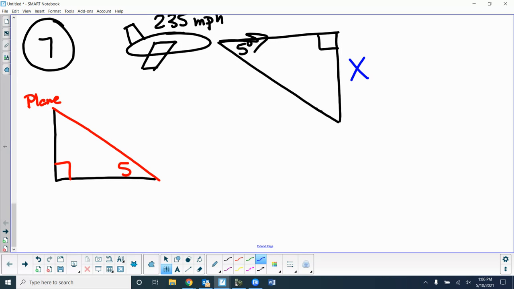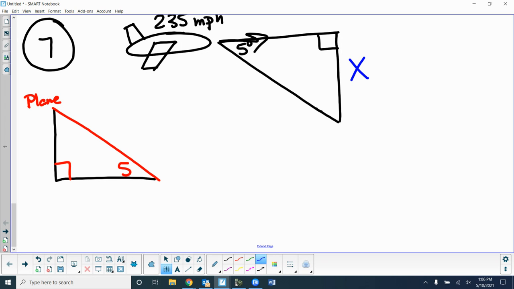I need one other side to figure this out, right? I have an angle, and I have one side. I either need the adjacent side or the hypotenuse. So it says it's descending. How many miles will the plane descend in 3 minutes?